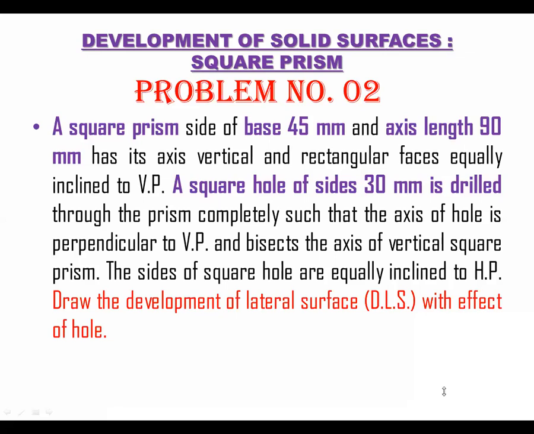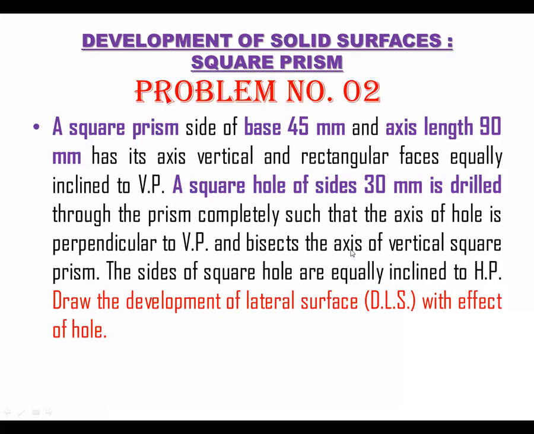In this problem statement, what you have given is a square prism and a square hole drilled inside it. After drilling, what is the effect of that square hole in the prism?